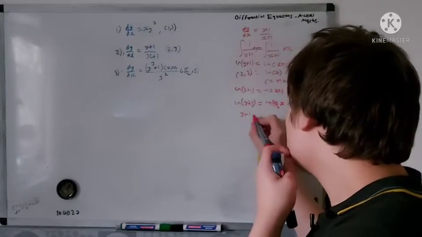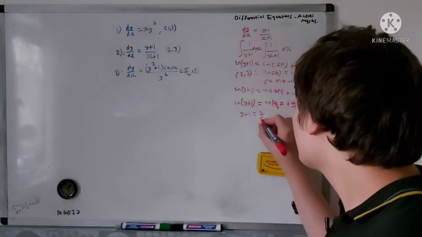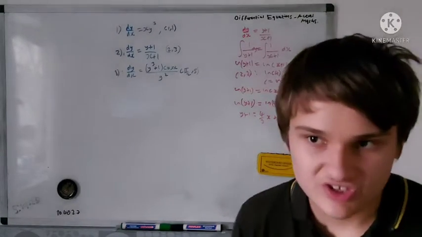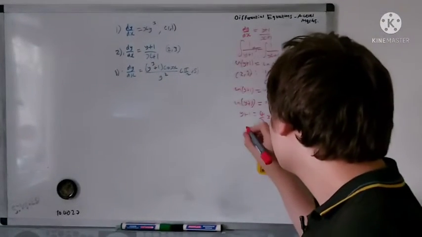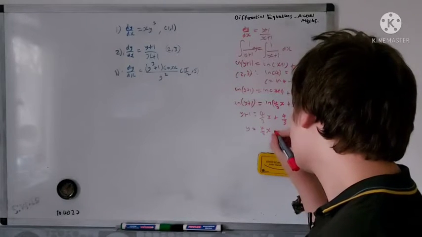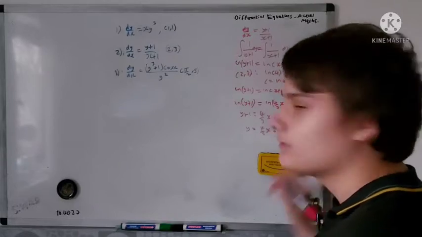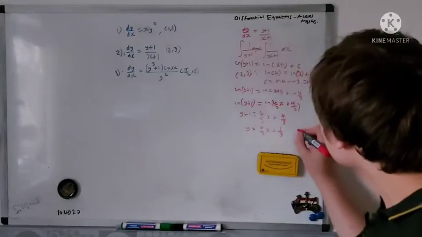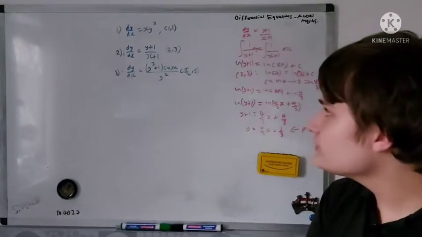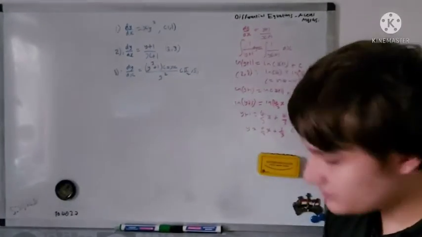So we get y plus 1 is equal to 4/3 x plus 4 over 3. So you can see what it's going to become. It's going to become a straight line. We get y is equal to 4/3 x plus 1/3. Okay? And that is my particular solution to this differential equation. Question number 2, yeah, it is.